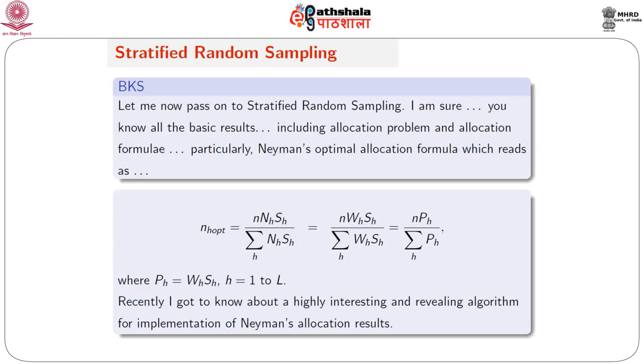Capital N is the total size of the finite population under question. Typically, we write capital L for the number of strata, and for the hth stratum, the stratum size is capital N_h, the stratum variance is S_h squared, and the stratum weight is W_h, which is N_h over capital N. And Neyman's optimal allocation formula reads like, for a total sample size small n, the optimal allocation of n into the hth stratum is given by n_h opt equal to small n P_h over summation P_h.